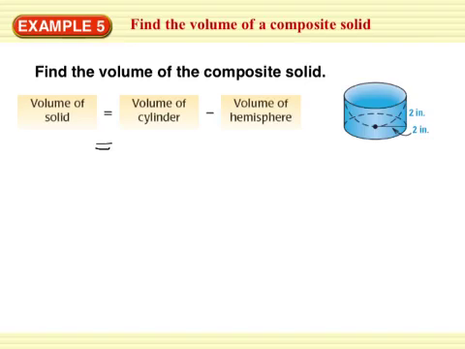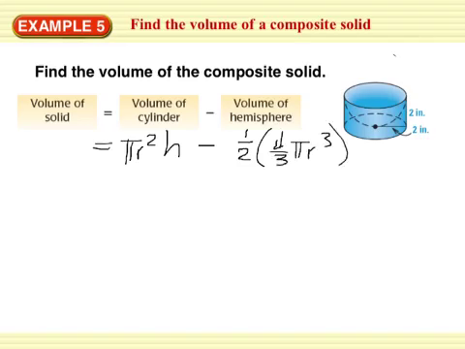The volume of a cylinder is pi r squared h, and the volume of the hemisphere is half of a sphere, 4/3 pi r cubed. The hemisphere is why it's half. We know the radius, so pi, the radius is 2.